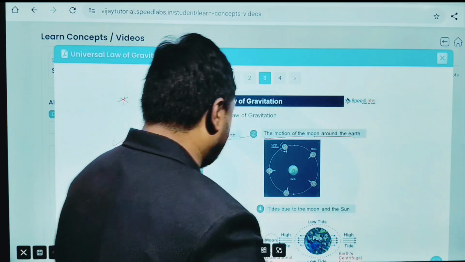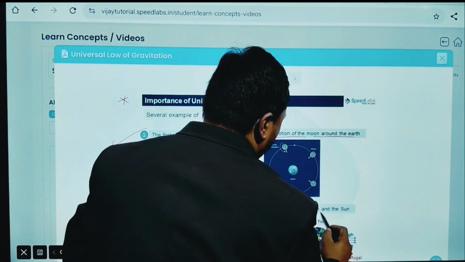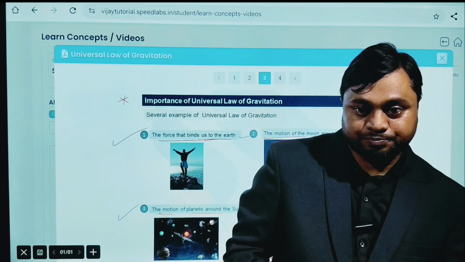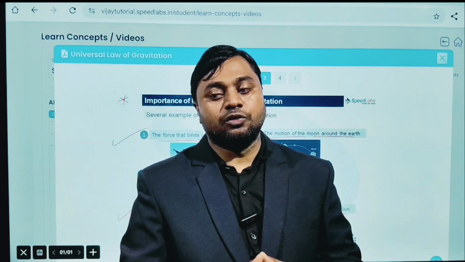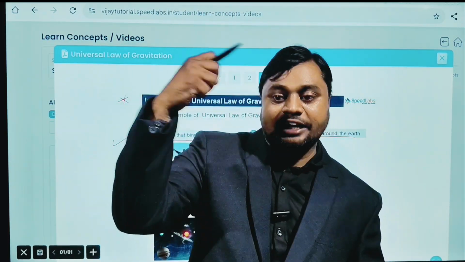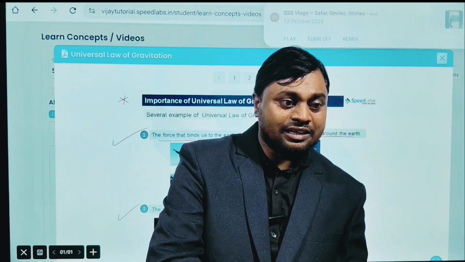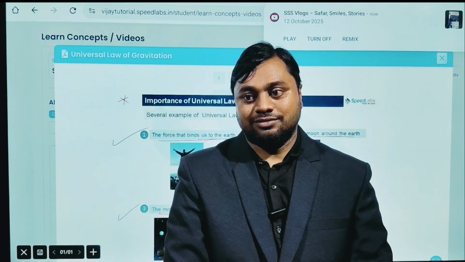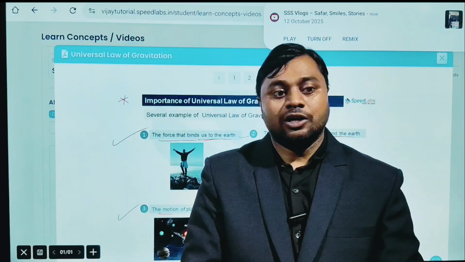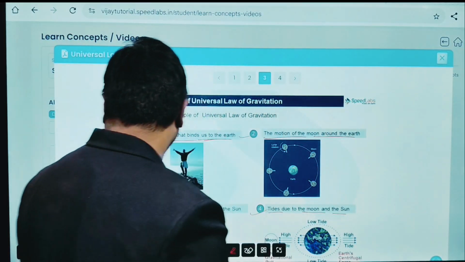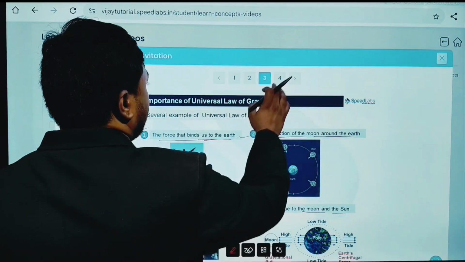And even tides due to the moon and the sun are due to the gravitational force only. Why? Because the moon is attracting the earth. Because of that, the water is rising above the surface. That is only the tide. So these are the 4 applications you should remember. Is it clear?